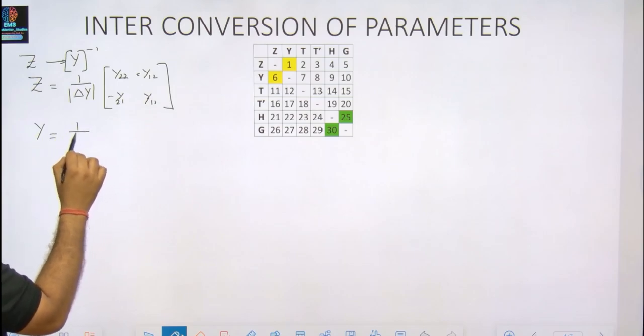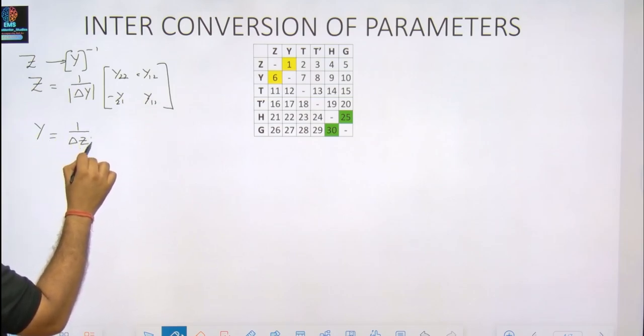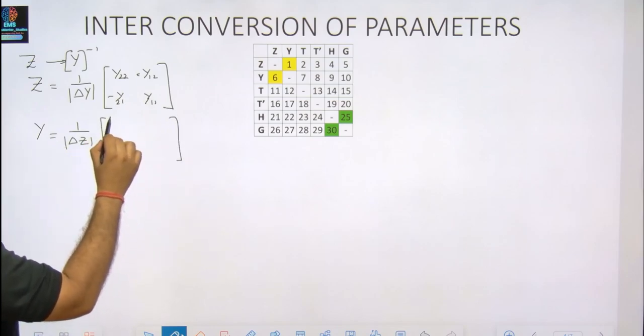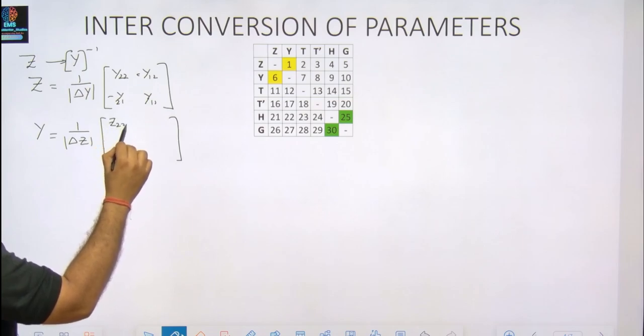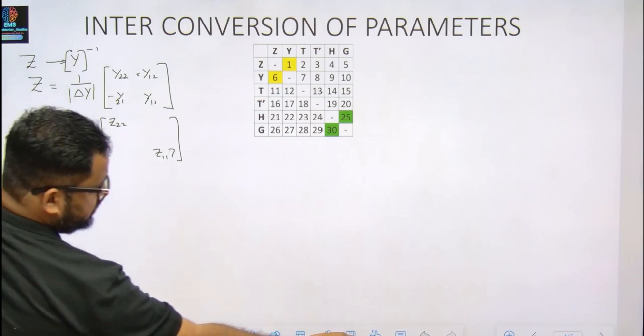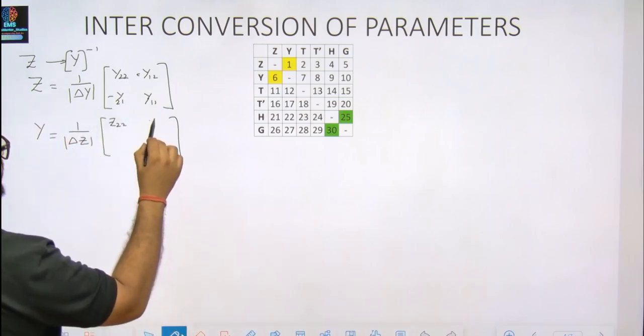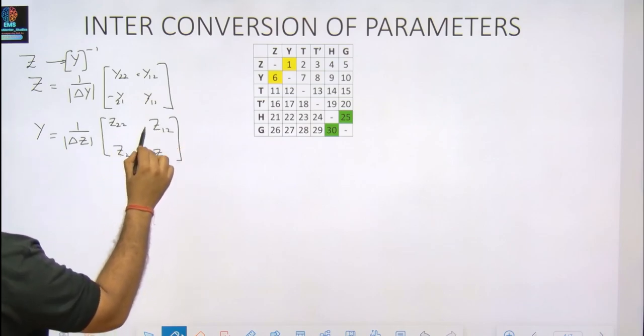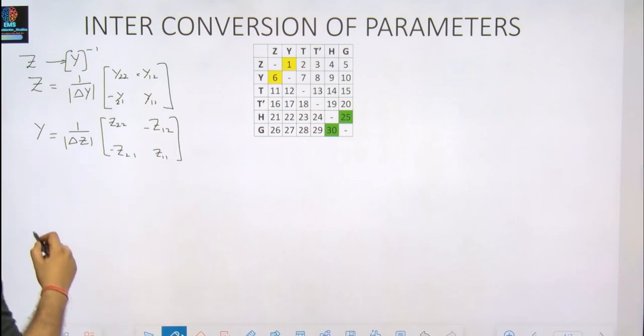Now Y is equal to 1 by determinant of Z, times Z22, Z11, Z12, and Z21, just add a minus sign.